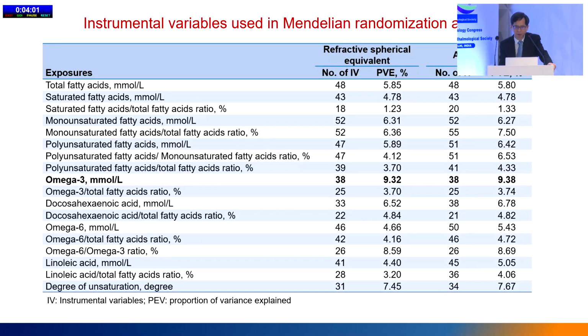We use about 20 to 50 SNPs for the analysis. This is the number of SNPs we use for each of the fatty acids, and this is the proportion of variance explained by the instrumental variables in each of the fatty acids.